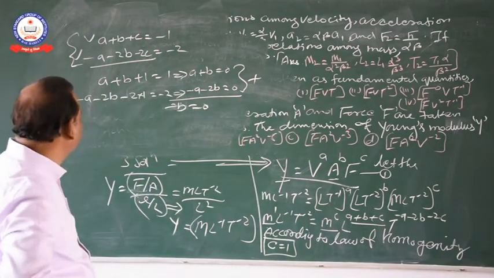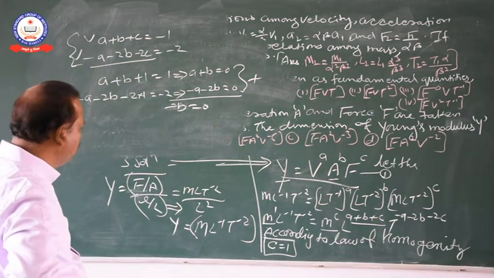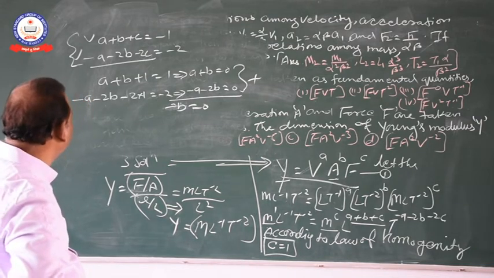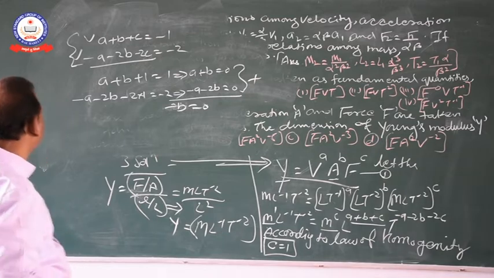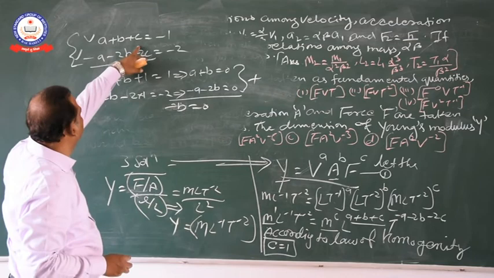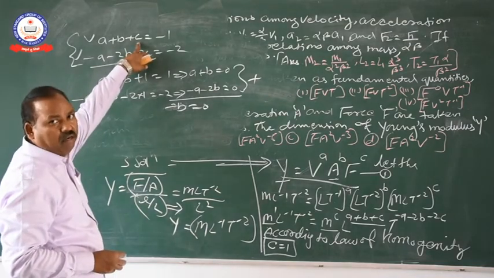Okay. So minus a minus 2b minus 2c is equal to minus 2 and a plus b plus c is equal to minus 1. A plus b plus c is minus 1, c is equal to 1.